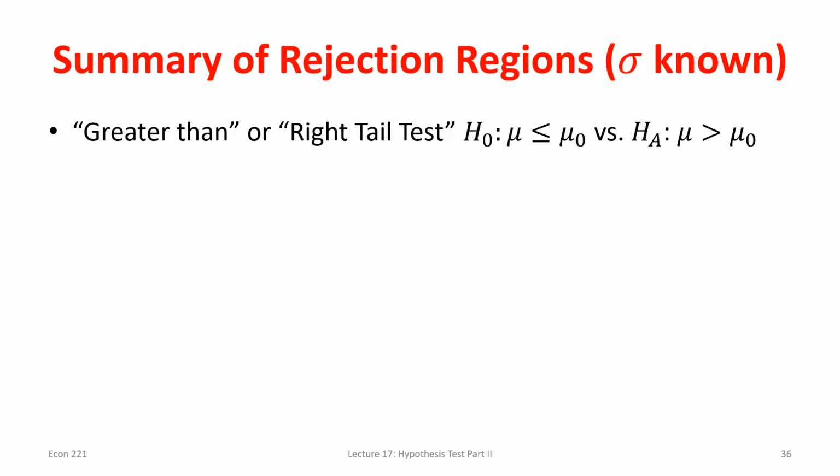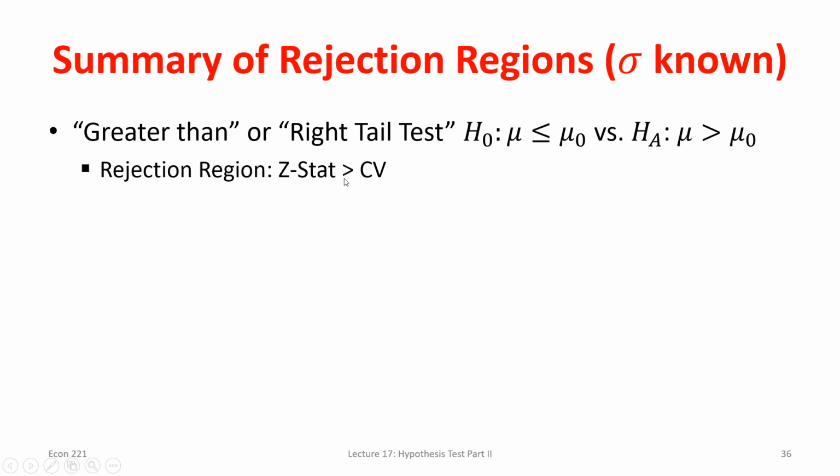Here I'm switching back to not using proportions, and considering population means, but the same thing would apply to proportions, where instead of population means I'd have population proportions. If I have a right-tailed test, I determine my critical value, and anything to the right of it is my rejection region.